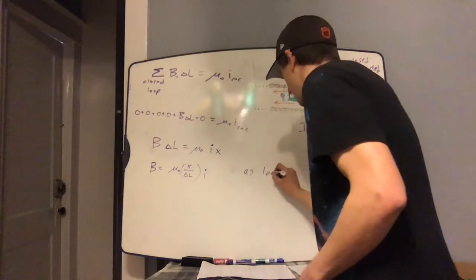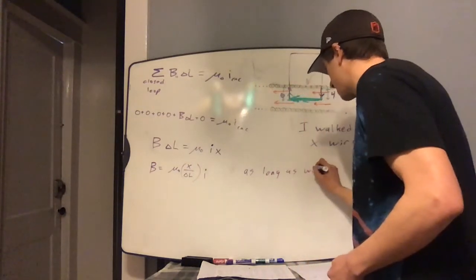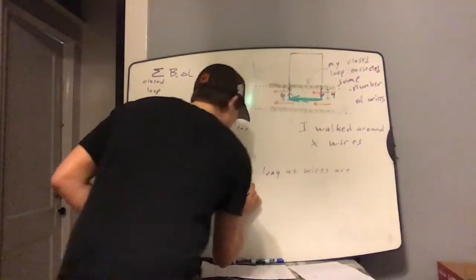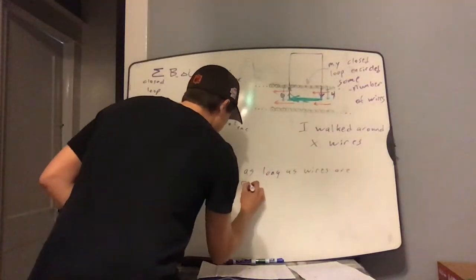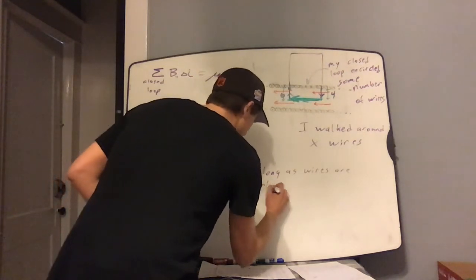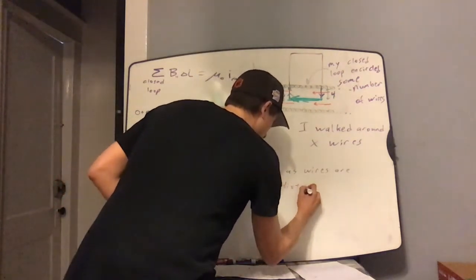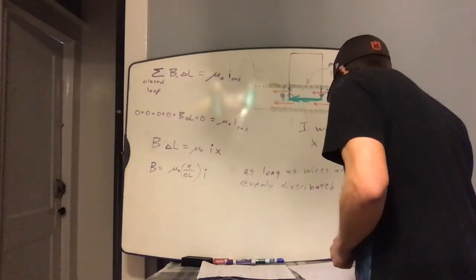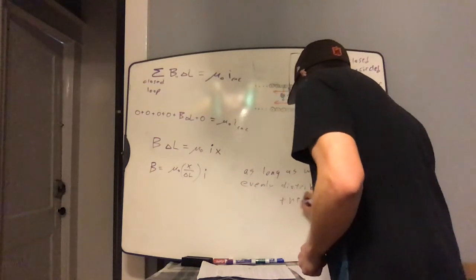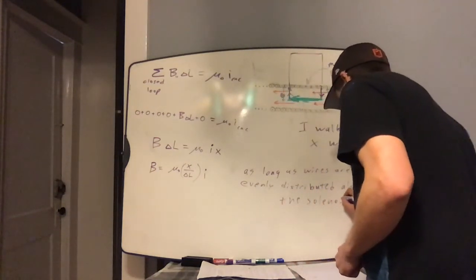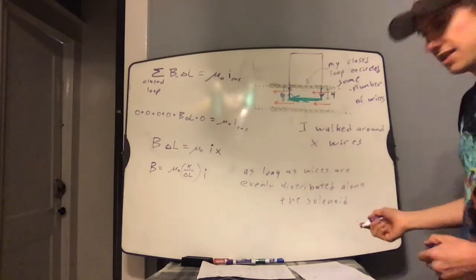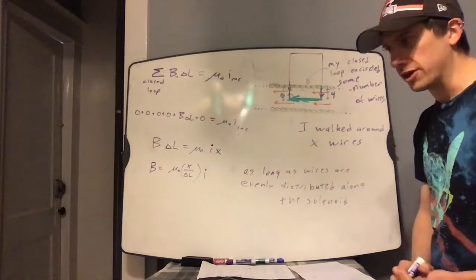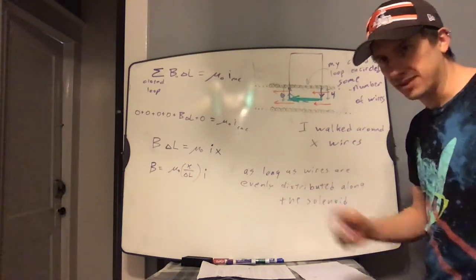As long as the wires are evenly spread throughout the solenoid, which is an assumption we are going with, I could just say that X over delta L will be the same thing as the total number of wires divided by the total length of the solenoid.